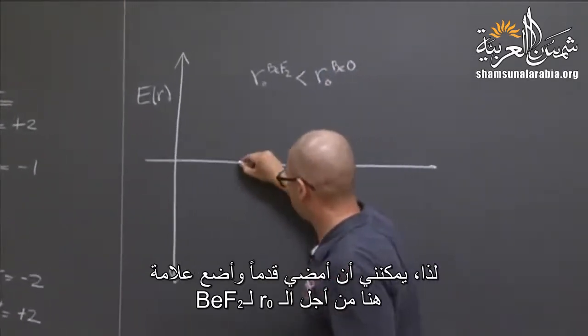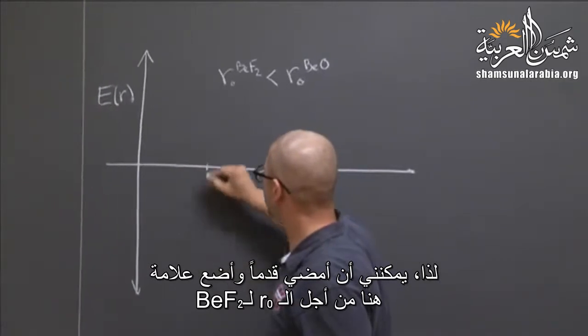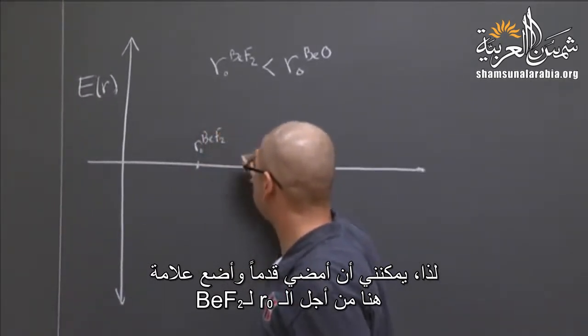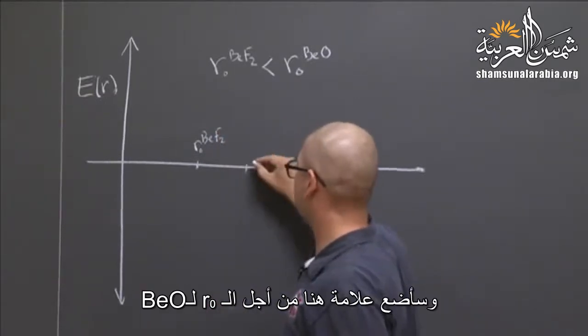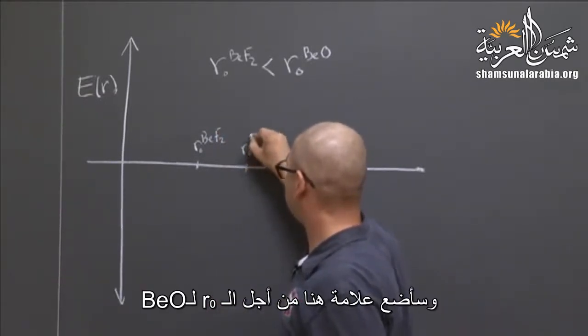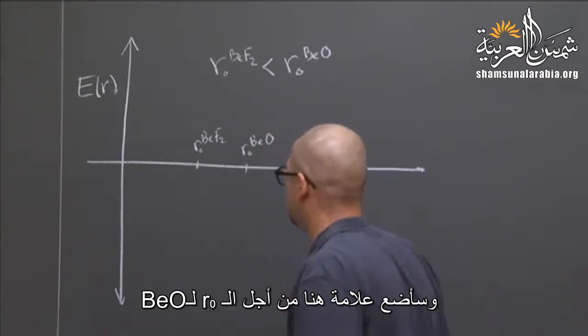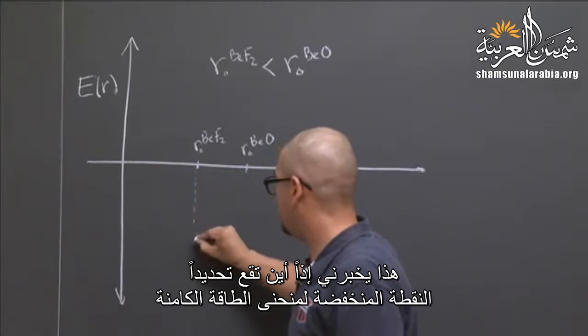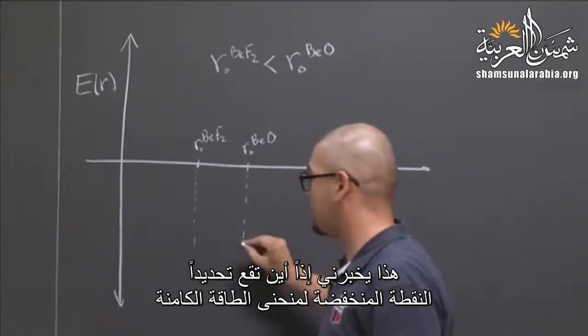So I can mark this as R0 of BeF2, and I'll mark that as R0 of BeO. So this tells me exactly where the low point of my potential curve should lie.